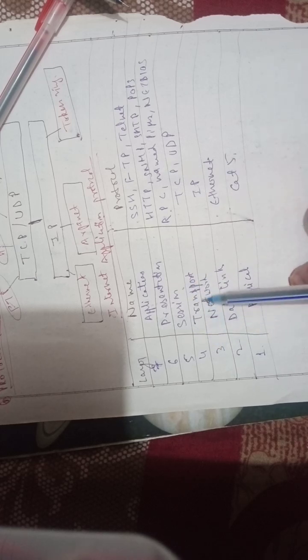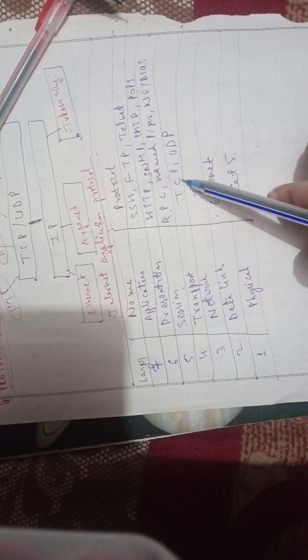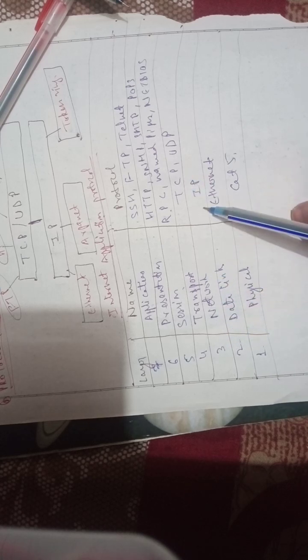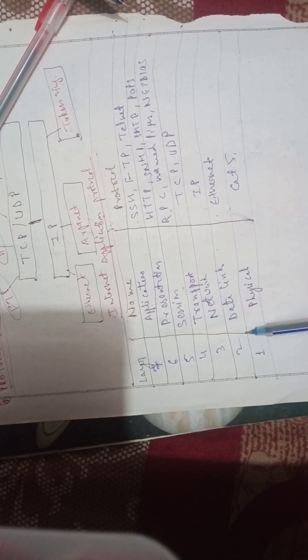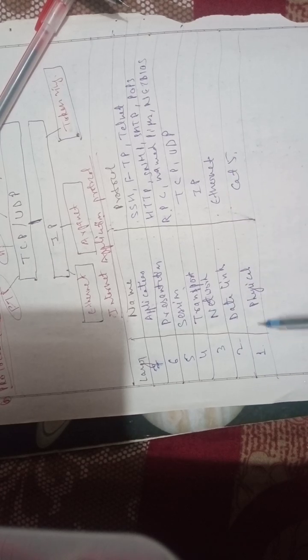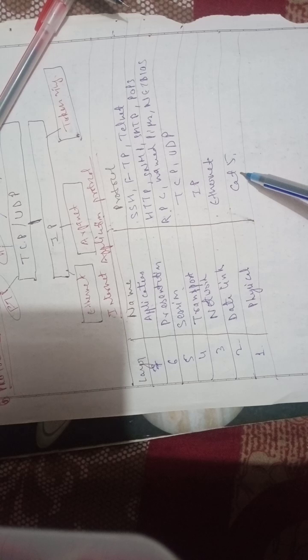The 4th layer is your transport, where the protocols used are TCP and UDP. The 3rd is your network, where the protocol used is IP. The 2nd is data link, where the protocol used is Ethernet. The 1st layer is your physical, where Cat5 is used. Now we discuss file transfer protocol.